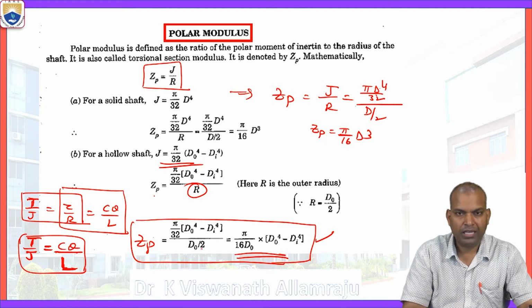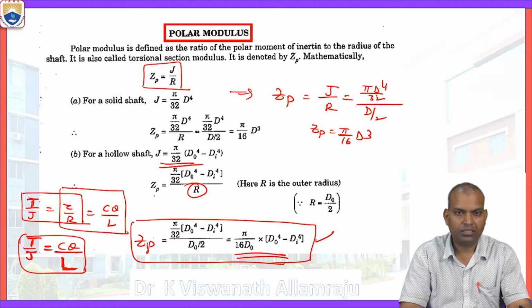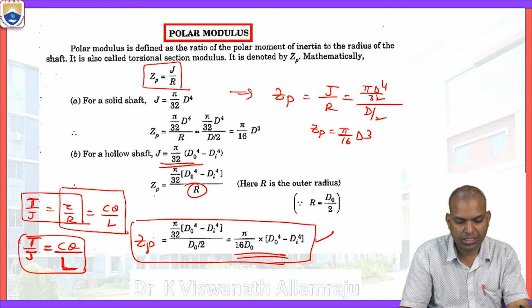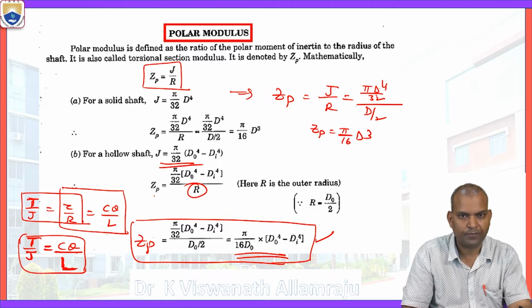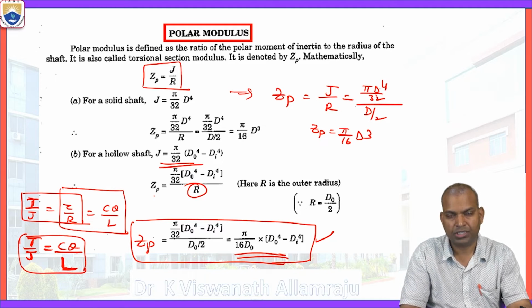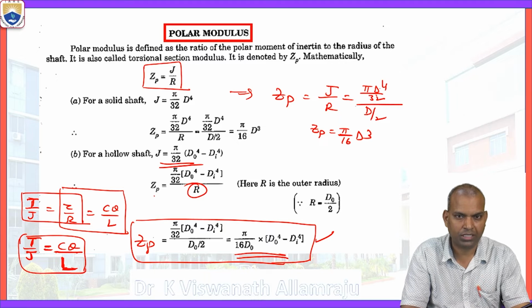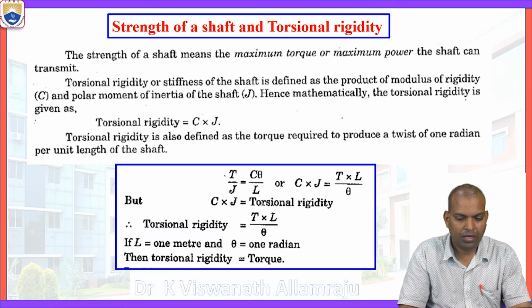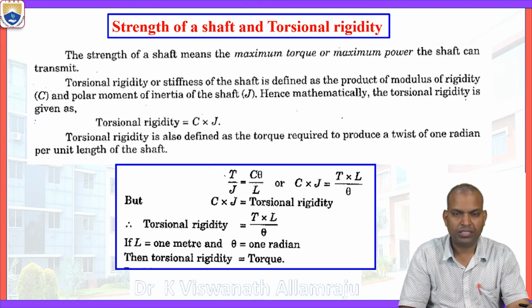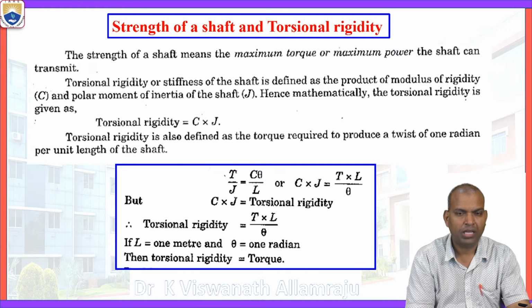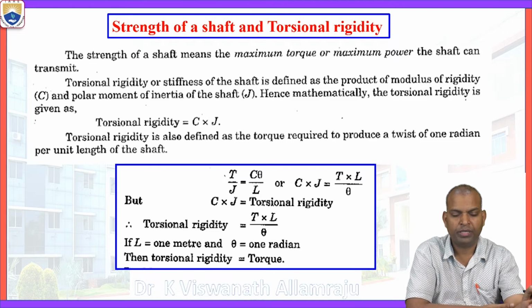So these formulae are highly important wherever the torsional section modulus is to be calculated. But these formulae are derived only for circular and hollow circular cross sections. Now here the strength of the shaft and torsional rigidity are very important parameters for designing shafts which are subjected to twisting moments.